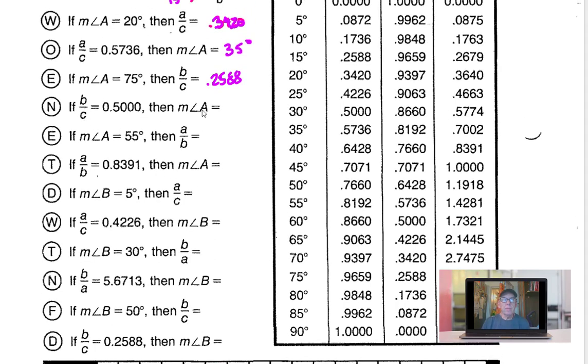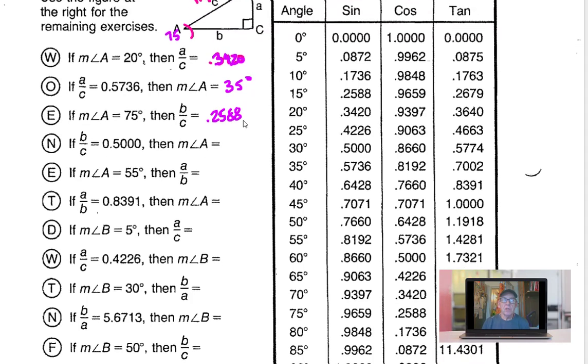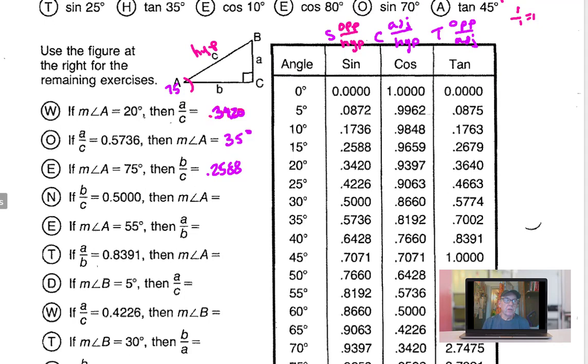Now, we're talking about angle A as our reference angle again, and it's talking about B over C. So if you look at our triangle, let me get rid of this 75 here. We're still talking about angle A as our reference angle, and they're talking about B over C. B over C is still cosine.